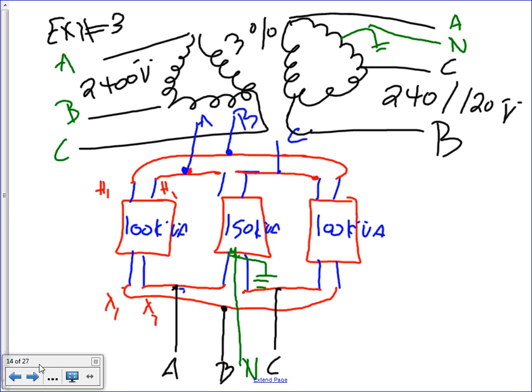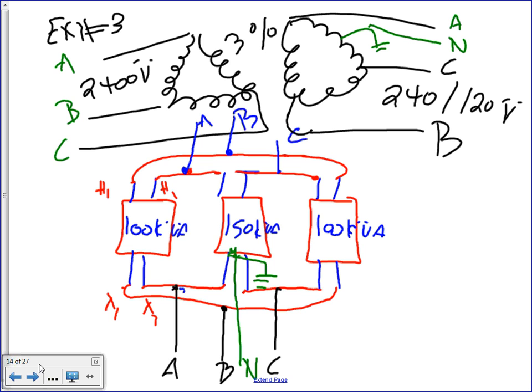This is a 2400 primary and a 240/120 three-phase secondary. That's the only way you can get a 240/120 three-phase secondary, by having a delta delta center tap. Phases A, C, and D, and they have to be in this order because B is called the bastard wild leg, literally.